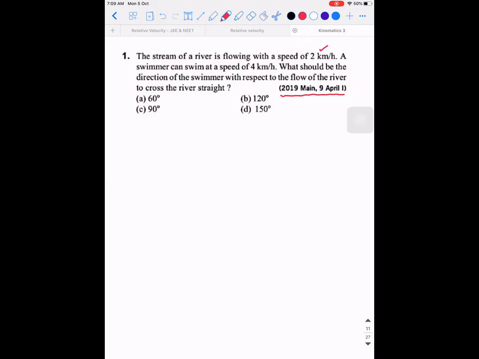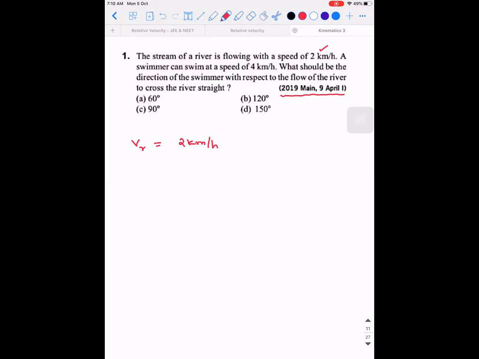So what have they given us? VR. So they have given us the absolute velocity of the river, which is 2 km per hour. But one thing, direction is not given. The speed is given. So if you want to convert the speed into velocity, you need to assign a direction. It is all under our imagination.